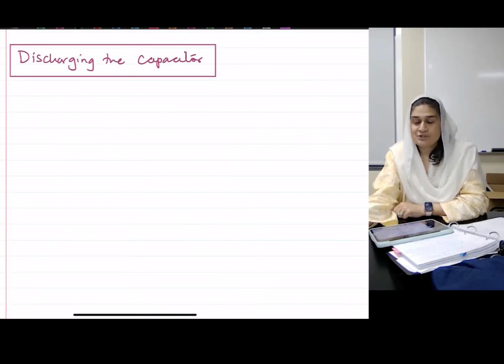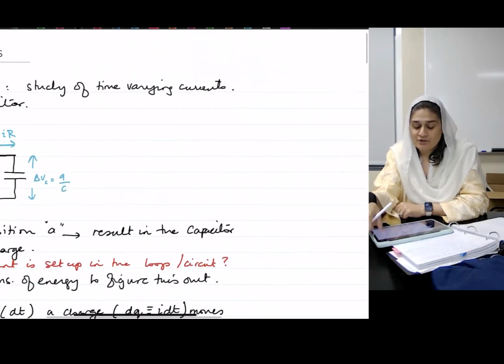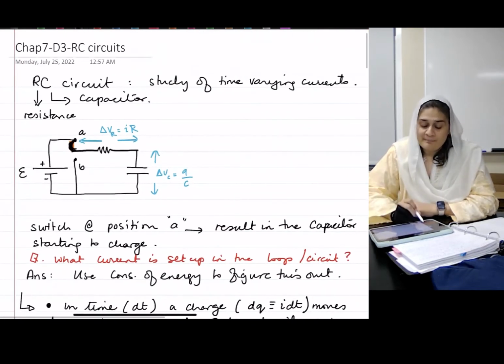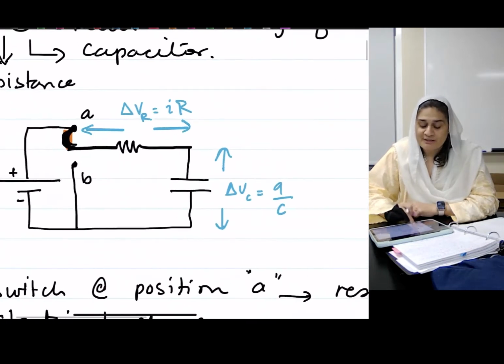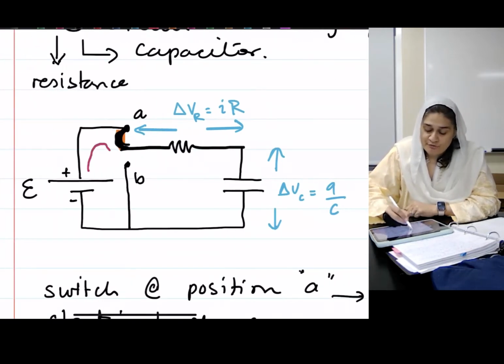Now, how do you discharge the capacitor? Okay, remember when we started talking about charging it? We moved the switch to position A so that the current could actually start to move.